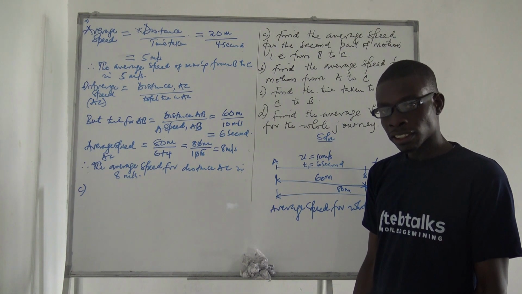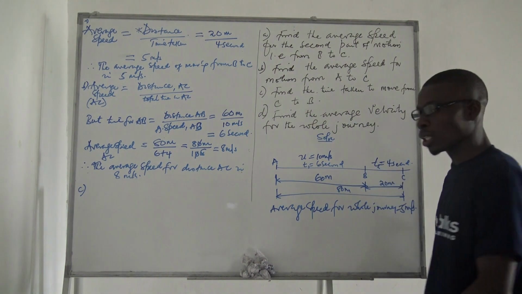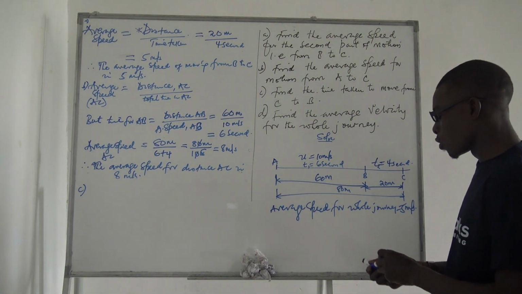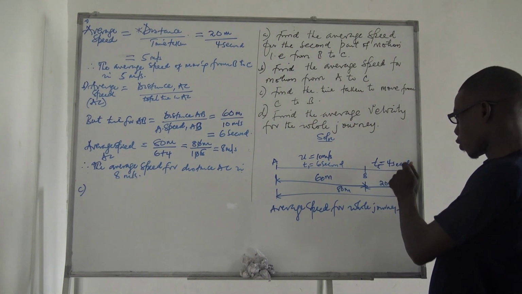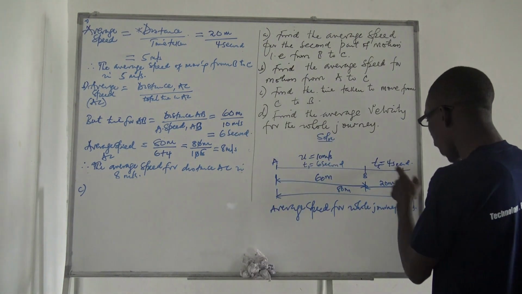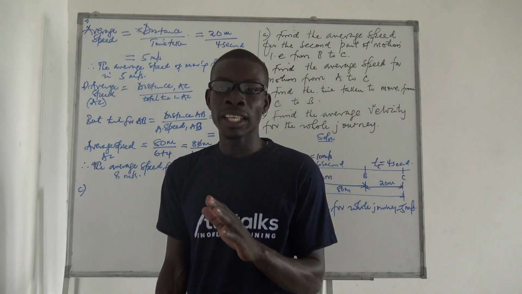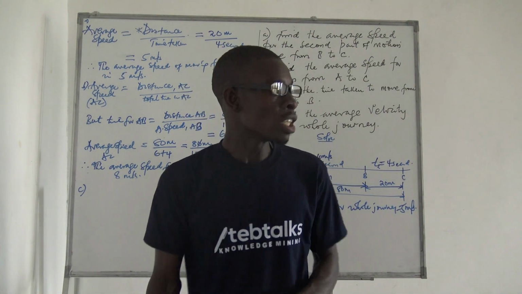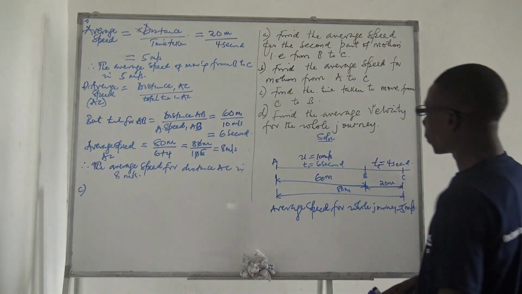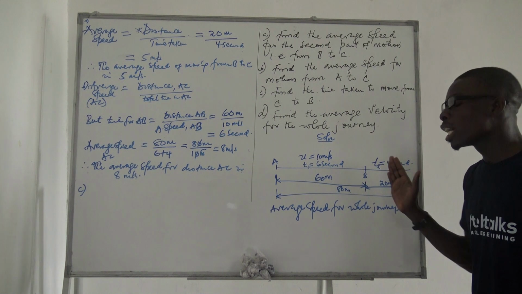It is very unfortunate that you will find someone thinking that if a body moves from point B to C in 4 seconds, it can move back in the same time. It is definitely very wrong, because it is not true that the speed it used in moving here is the same speed it would use in moving back.